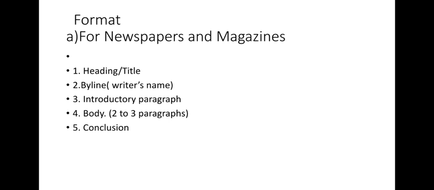Number four, the body of the article. Now you can write this in 2 or 3 paragraphs. Introduce a new point, okay? As you start writing the paragraphs, try to introduce a new point at the end of each paragraph.